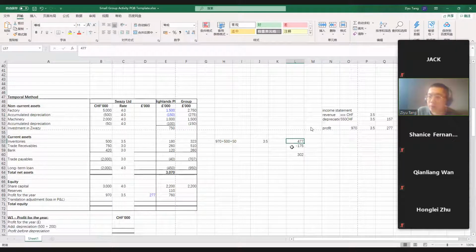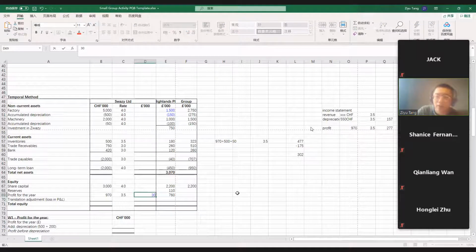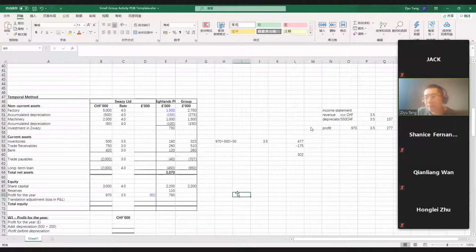Then we minus the real depreciation in British pounds, which is 175, calculated because the translation rate is 4. After that, we get the real profit for the year, equal to 302. Okay.